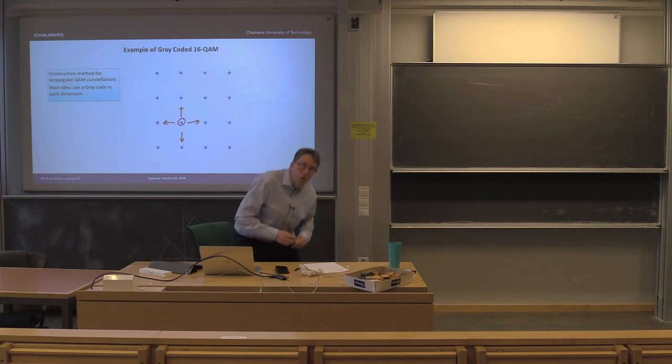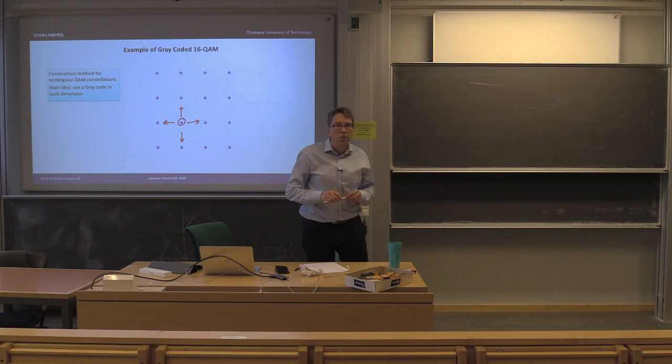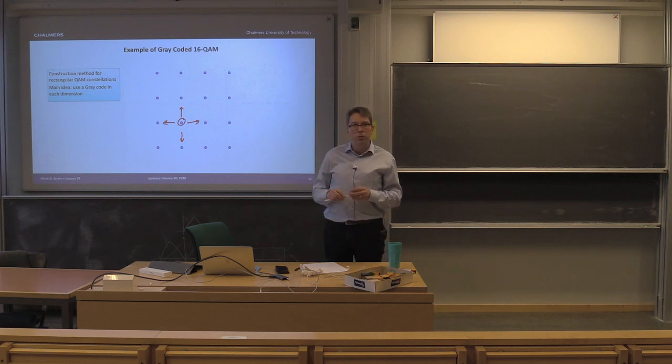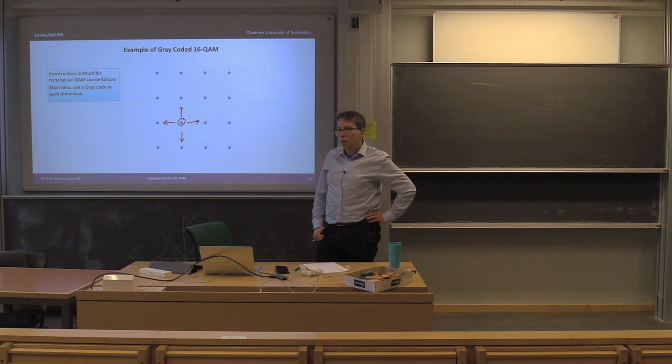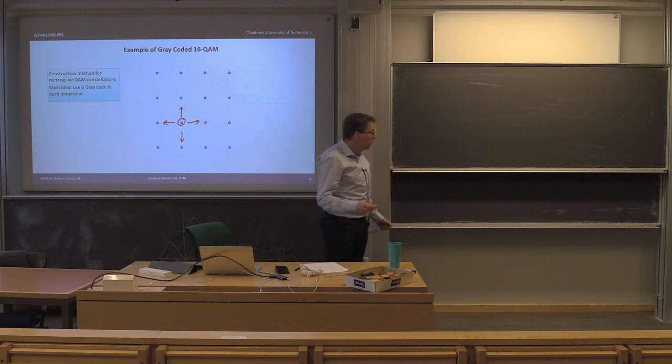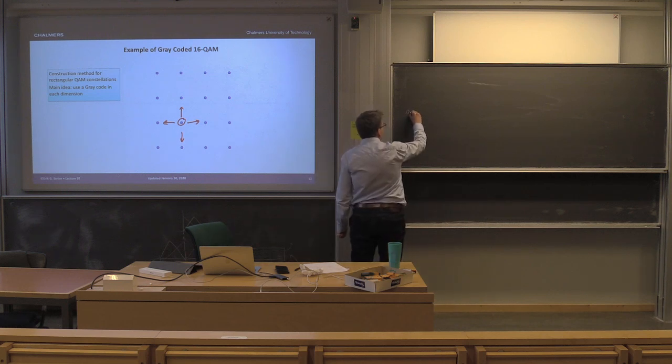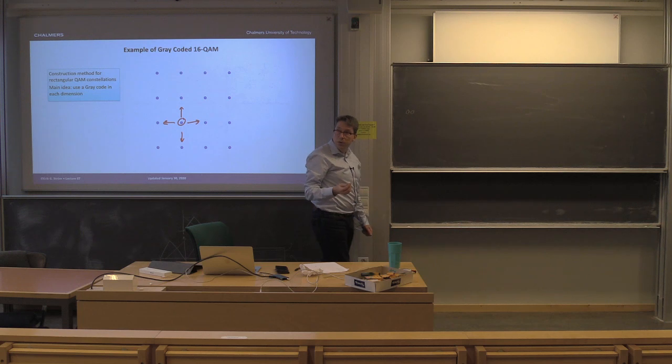Any questions on the physical layer before we move on to the next phase? Yes? You don't have to use gray code for 4-PAM or 4-QAM, right? Yeah, for 4-PAM you have two bits.